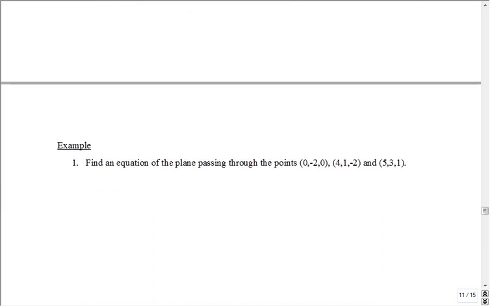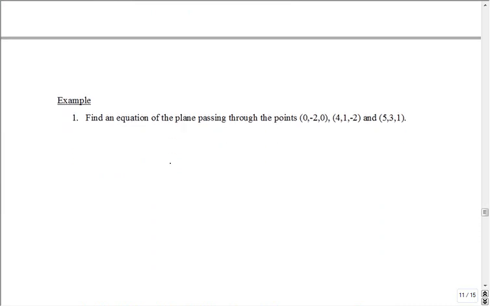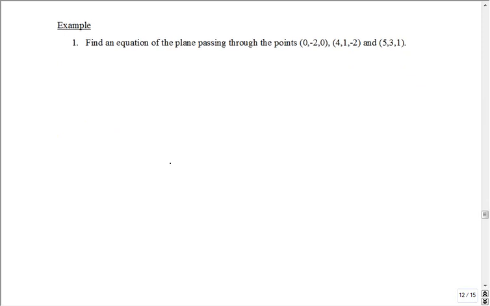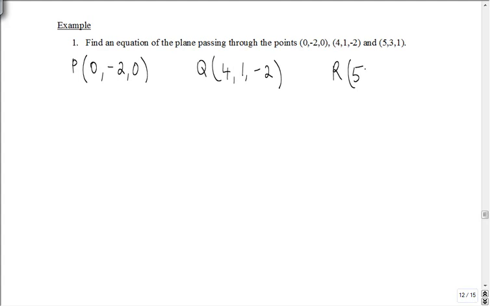Find an equation of the plane passing through the points (0, -2, 0), (4, 1, -2), and (5, 3, 1). Okay, I would advise that you label these points. So P (0, -2, 0), Q (4, 1, -2), R (5, 3, 1).